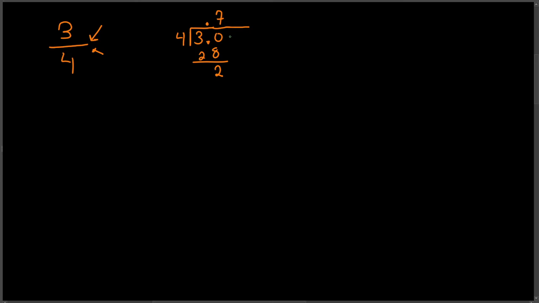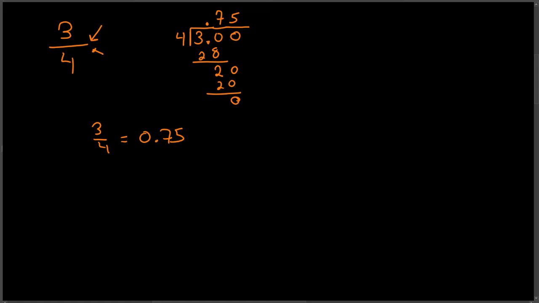We don't deal with remainders anymore. I keep grabbing zeros. So bring this 0 down, and 4 goes into 20 5 times. 5 times 4 is 20. I've got no remainder, so I'm done. And so the fraction 3/4 is equal to 0.75.